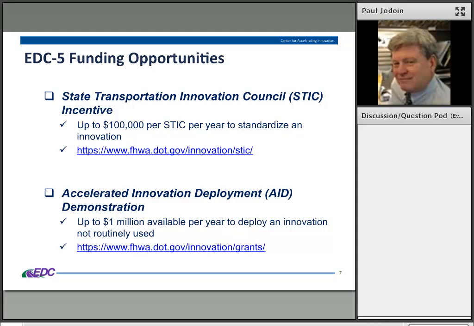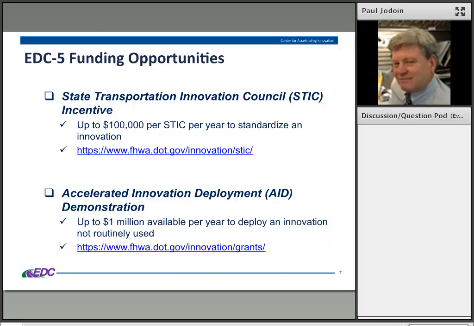Each state gets a $100,000 a year opportunity to use what we call STIC funds, State Transportation Innovation Council. So each state has a STIC incentive council, and they can spend that $100,000 any way they want. Some states use the whole 100 on one particular project. Some states divvy it up between different projects.